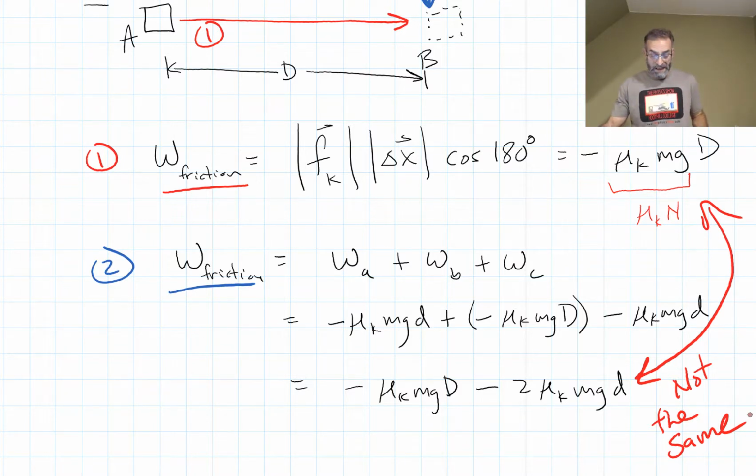This is a non-conservative force. Conservative forces, the work done for every path between 2 points is the same. Non-conservative force, the work done depends on the path taken between the 2 points.